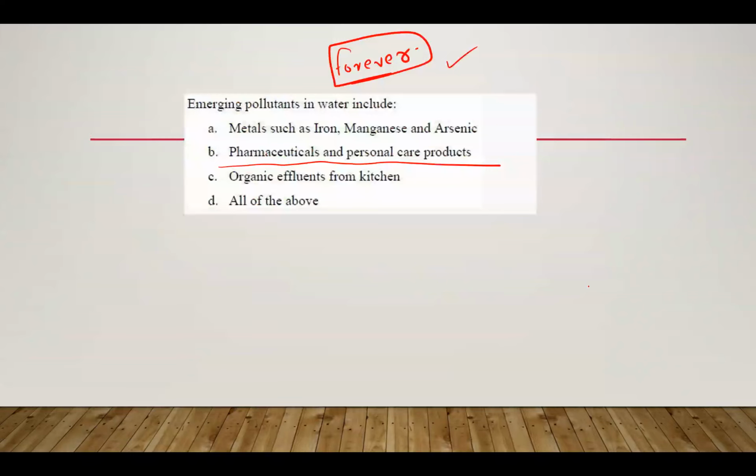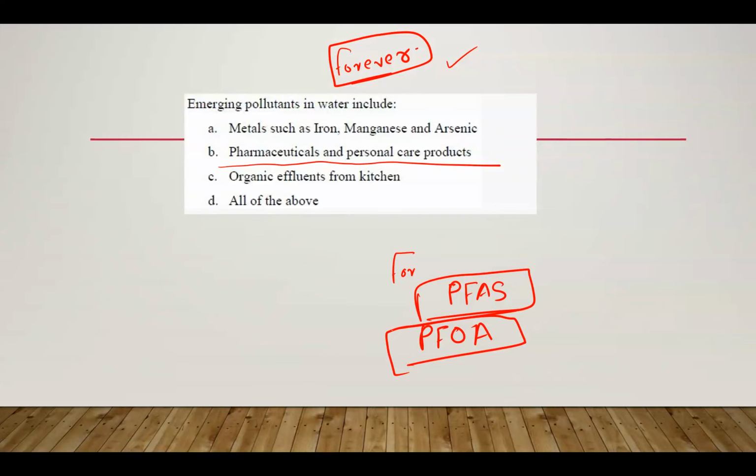So, these forever chemicals, have you heard of PFAS and PFOS? These two words, PFAS and PFOS. This is a hot topic right now, because these particular chemicals are not easy to break or degrade.